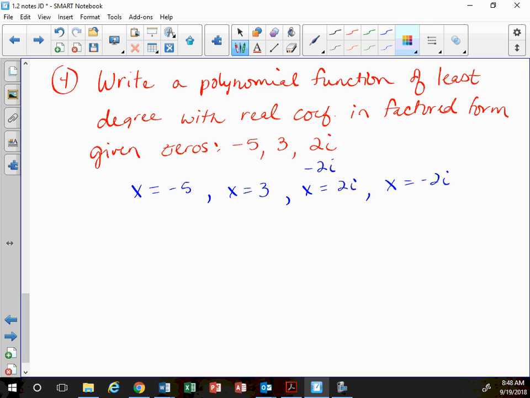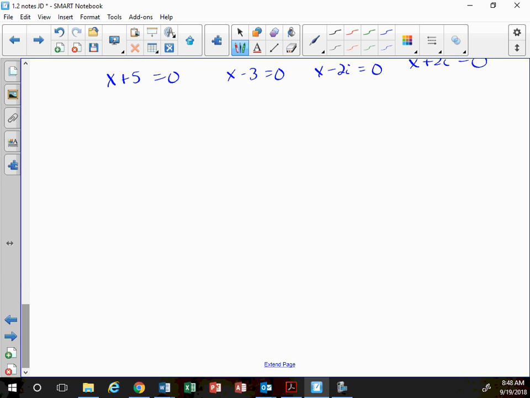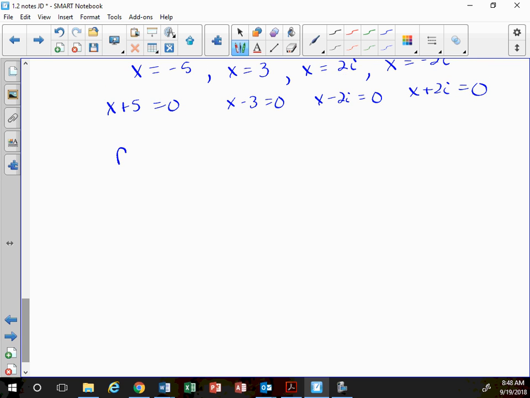If I wanted a 0 on one side of this, it'd be x plus 5 equals 0, x minus 3 equals 0, x minus 2i equals 0, and x plus 2i equals 0. Okay, that's why those are our factors. It's simple with these. Some of the imaginary ones, it'll help you with your signs a little to think about that.